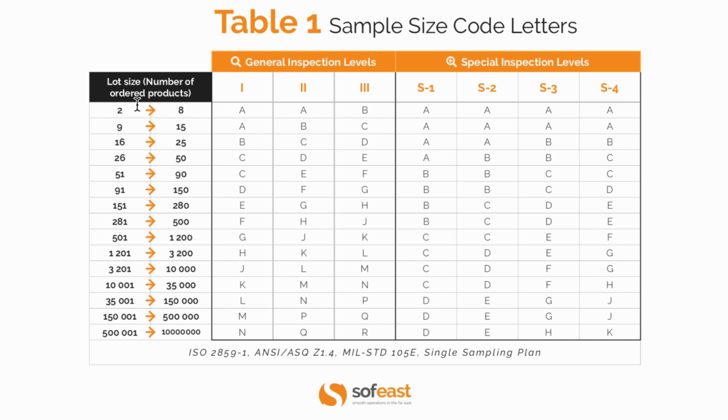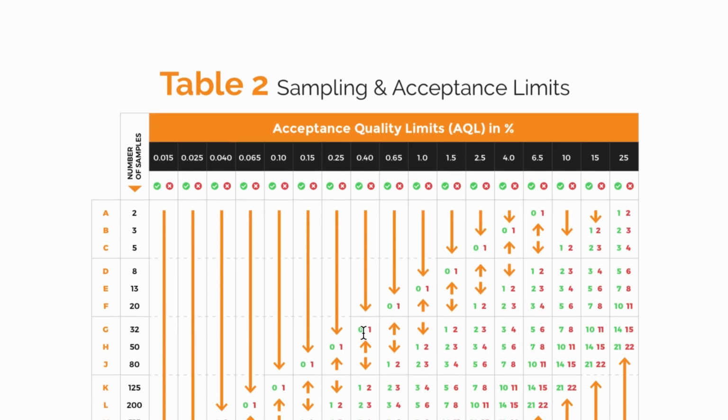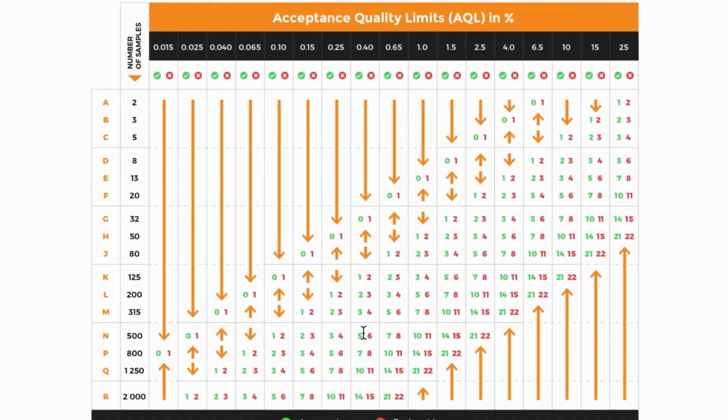Table 1, based on the lot size, meaning the number of pieces in the batch basically, and based on the inspection level, gives you a letter, so A, B, C, D, all the way to R. And table 2 here, based on that letter, for normal severity, gives you a number of samples to pick, and then based on the acceptance quality limits that are here, they give you the maximum number of defective units you can accept.